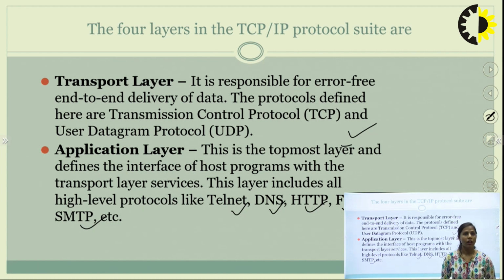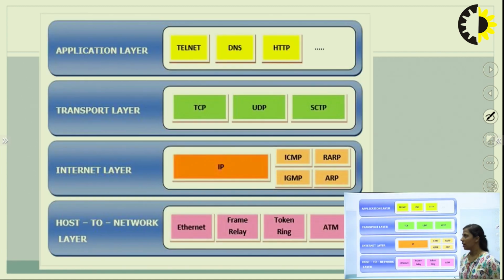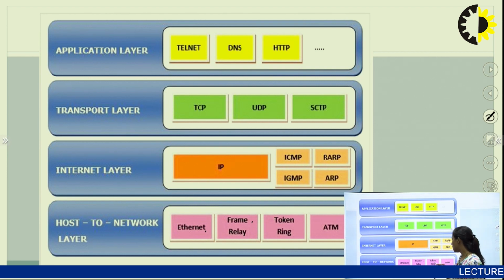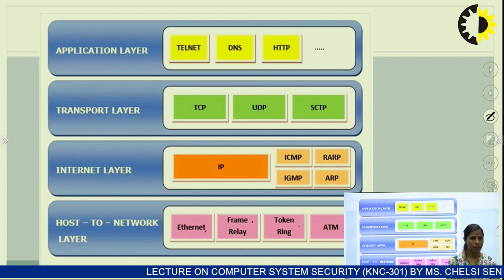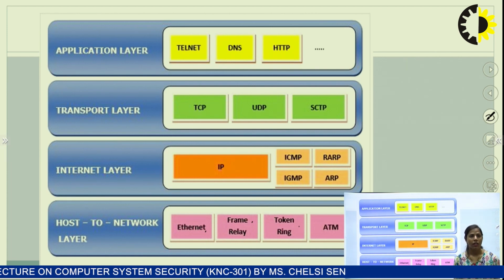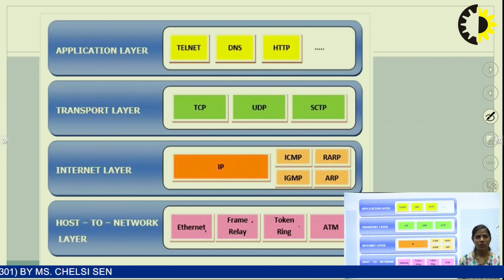We said the host-to-network layer is the lowest layer, which involves Ethernet, frame relay, token ring and ATM. Here we are using the physical transmission of the data. It can involve routers, Ethernet, wired cables and data link layers. These are the terminologies we have discussed in the network layer.